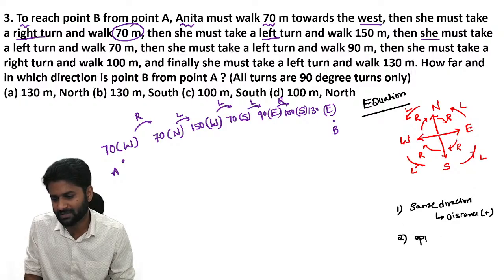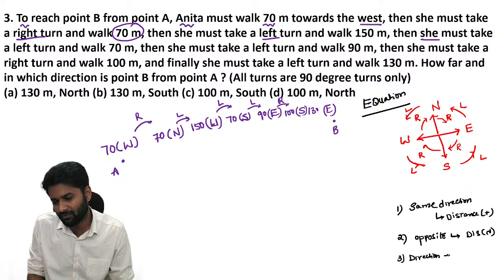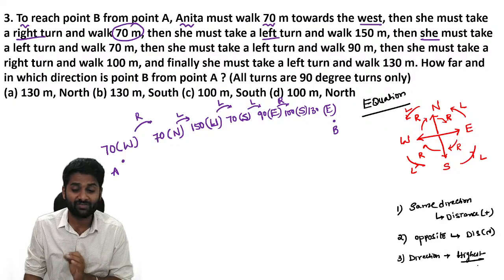If you see the opposite direction, then the distance must be the difference. You just find the difference. Then the priority of direction: in any comparison, consider the highest value direction only.